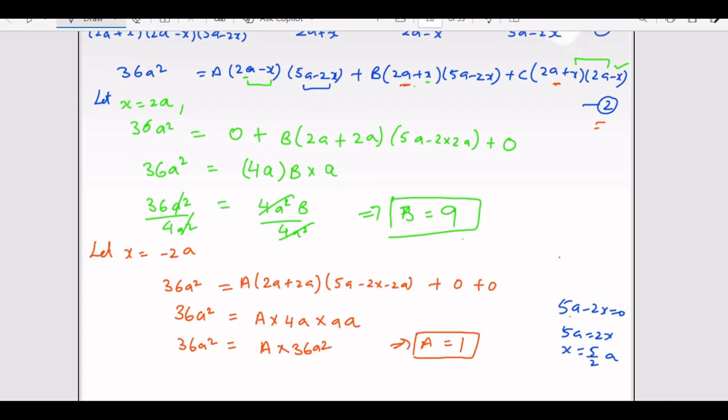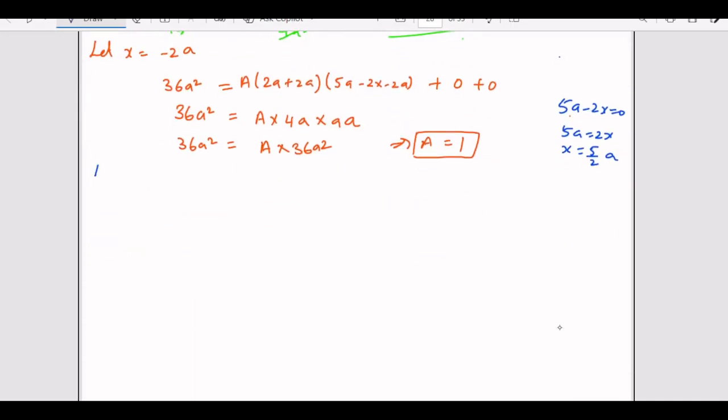That's what we are going to get our next value. So let's say x is 5 over 2a. So then 36a squared on left hand side equals to a, 2a minus 5 over 2a. Then we have 5a minus 2 times 5 over 2a plus 0.